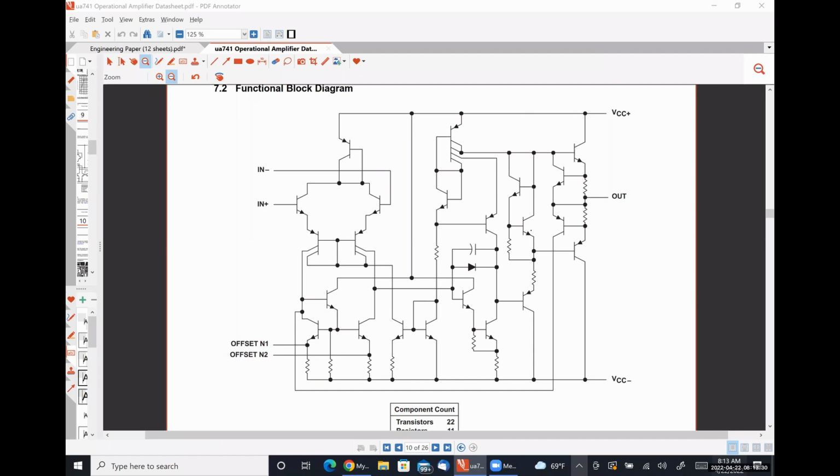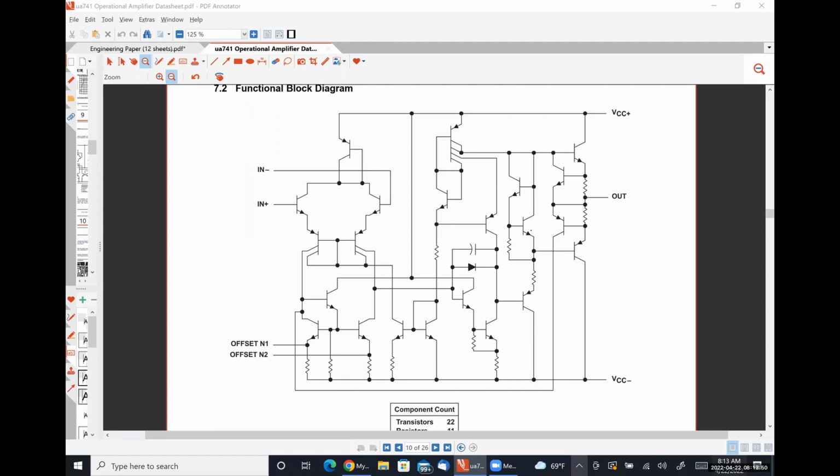Now, these transistors are what are called bipolar junction or BJT transistors. And the input impedance of a BJT-based operational amplifier is usually on the order of several mega ohms, okay?